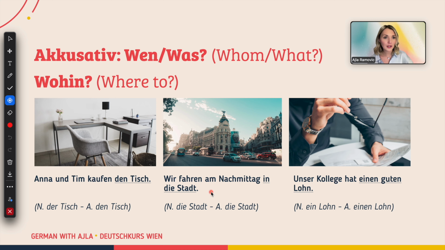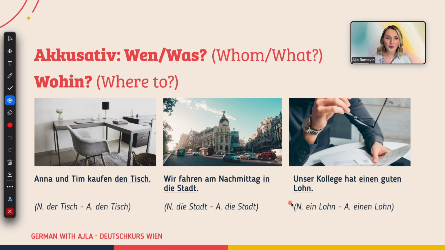Therefore, the noun die Stadt in this example is in accusative, even though we don't really see a change in the form or in the article of the noun because feminine nouns basically stay the same. In nominative, we say die Stadt, and in accusative as well, it is gonna be die Stadt.